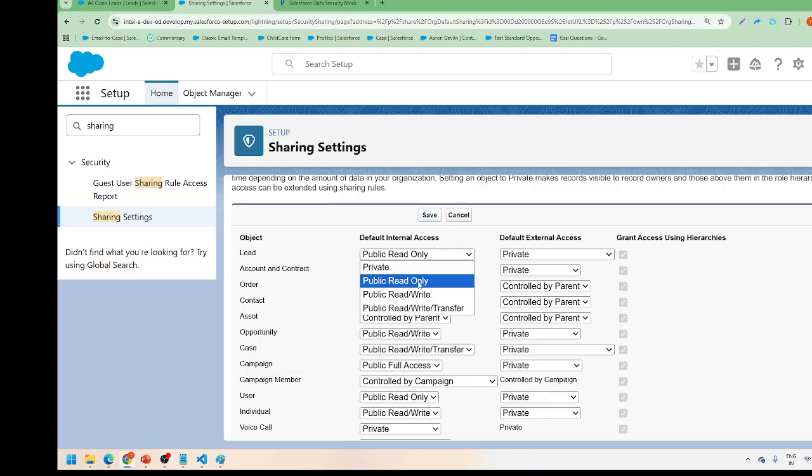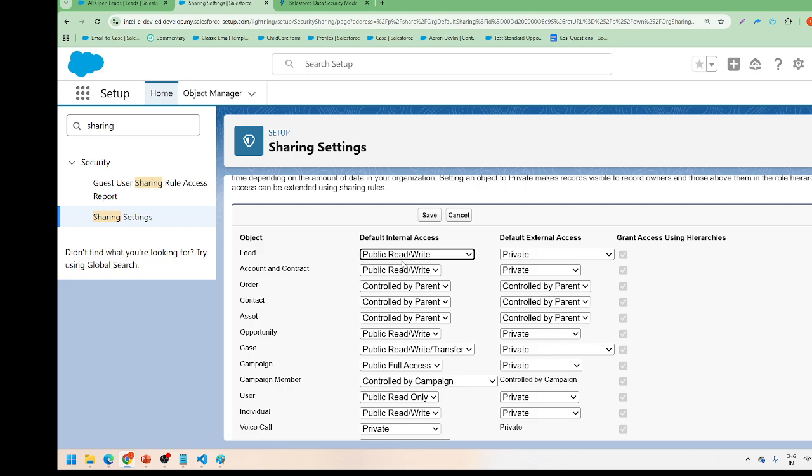Okay, now public read write. Same as previous, here people can see all the records, as well as edit them. They can edit those records, they can create records, they can do anything.